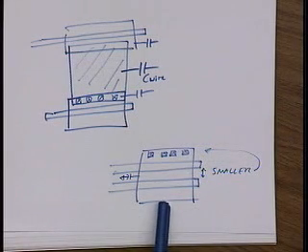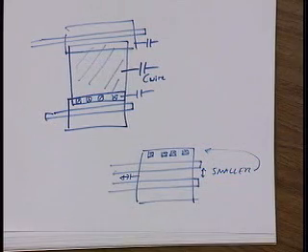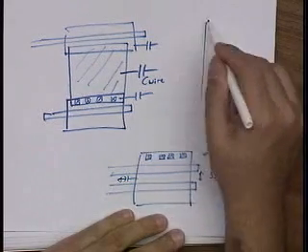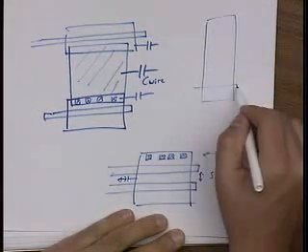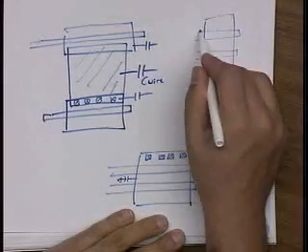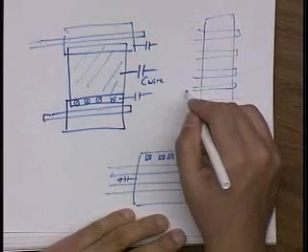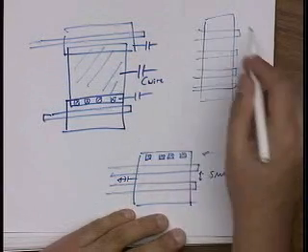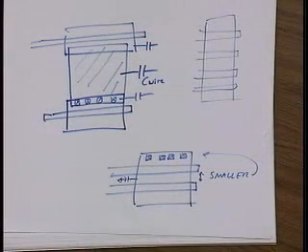And this is just for a single finger device. I can design a multi-finger version of this if the devices are the same size. So I have gate 1, gate 2, gate 1, gate 2, and I share multiple junctions to even further reduce the capacitance. Okay? Questions about that?